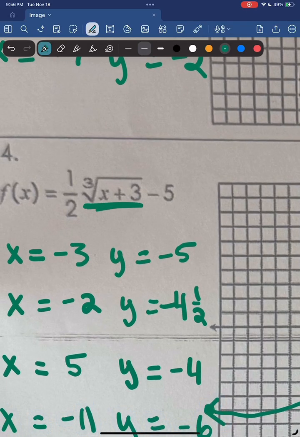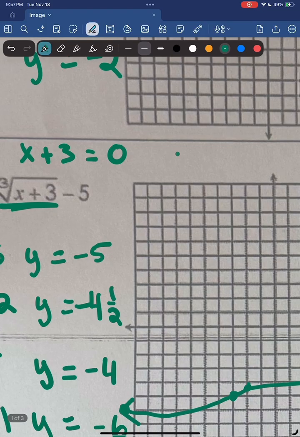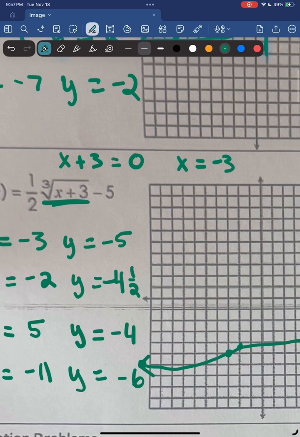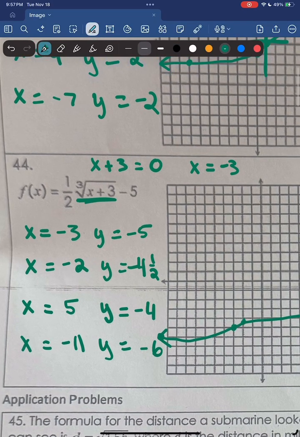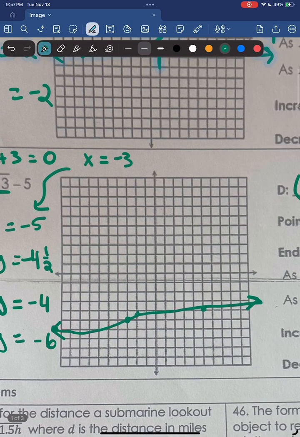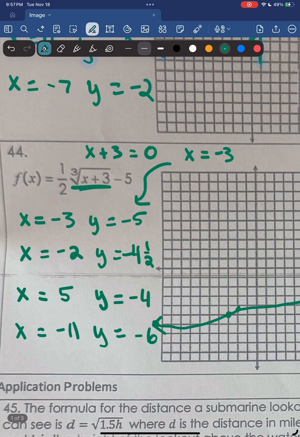So we have x plus 3. We want to figure out where that is equal to 0, right? So x equals negative 3. If we plug in negative 3, which we already did, we get negative 5. So we found our inflection point is negative 3, negative 5, which is one of those points that we put down.